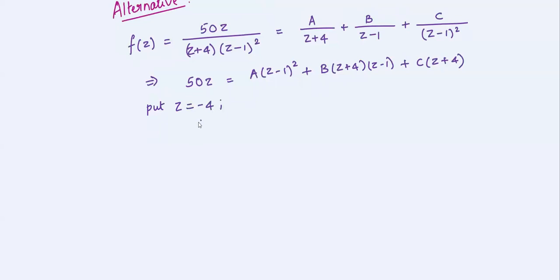What happens? 50 into minus 4 is minus 200; the other terms vanish. A times (minus 4 minus 1) the whole square, which implies A will be minus 200 upon 25, which is minus 8.